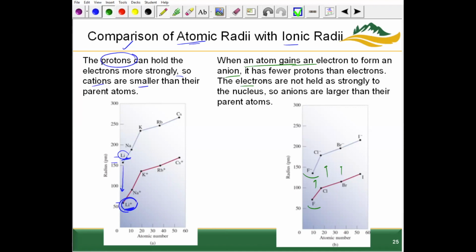Those additional electrons, either one or more for an anion, cause sort of crowding around the nucleus, leading to those electrons not being held as tightly and strongly towards the nucleus. So anions are larger than their parent atoms, whereas cations are smaller than their parent atoms. Electrons taken away, it gets smaller. Electrons added, we increase the size of the radius.